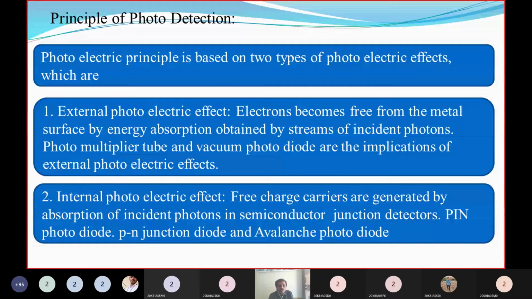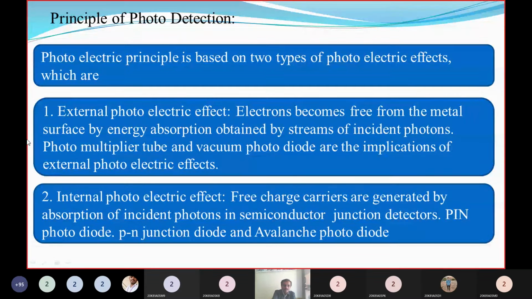That's why in the external photoelectric effect we use a photomultiplier tube and a vacuum photodiode. These are the applications of the external photoelectric effect.